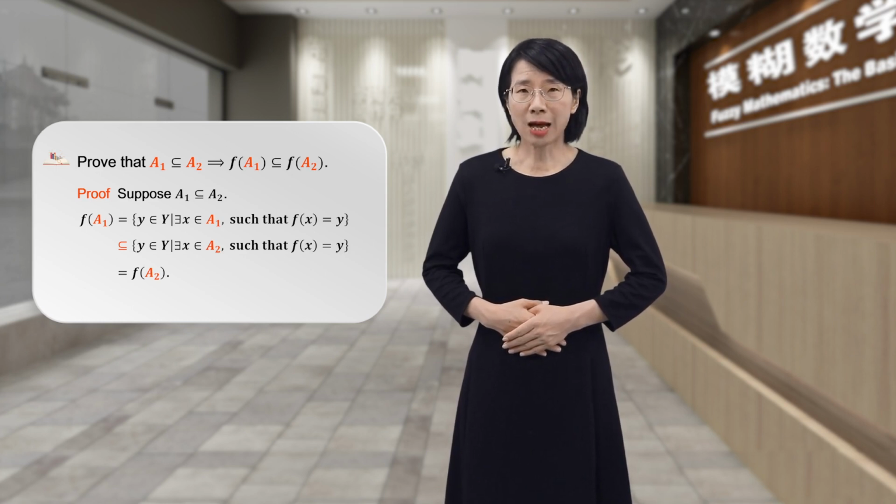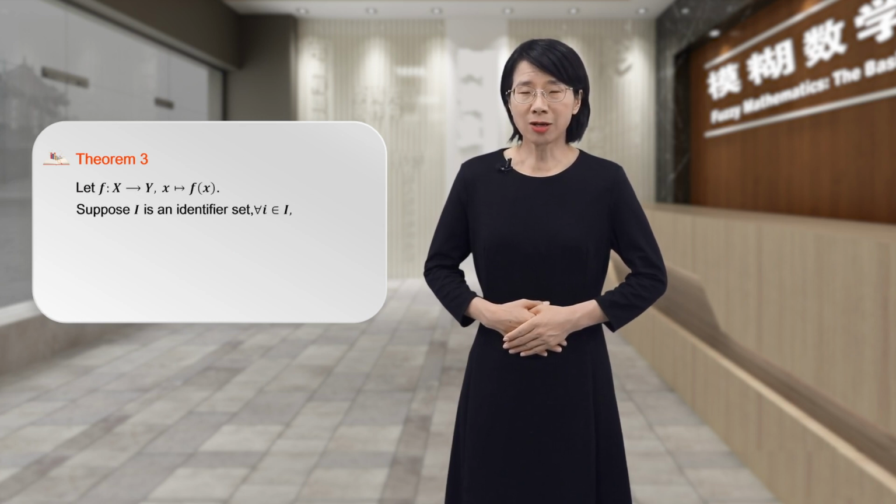Now we have proved that if A1 is a subset of A2, then the image of A1 is a subset of the image of A2. Similarly, we can prove that if B1 is a subset of B2, then the preimage of B1 is a subset of the preimage of B2. This completes the proof.